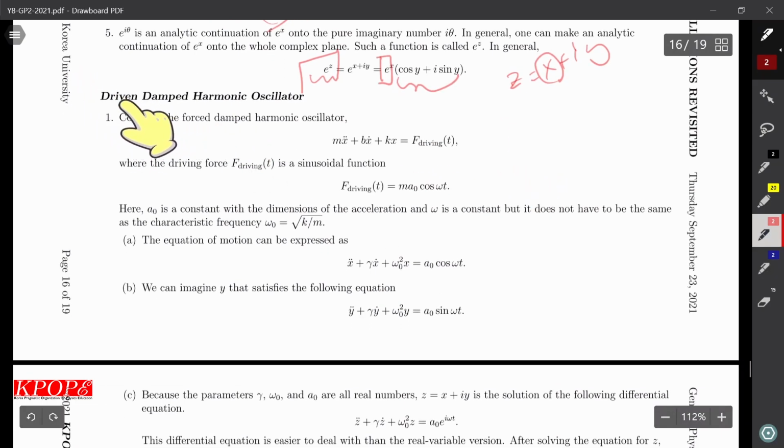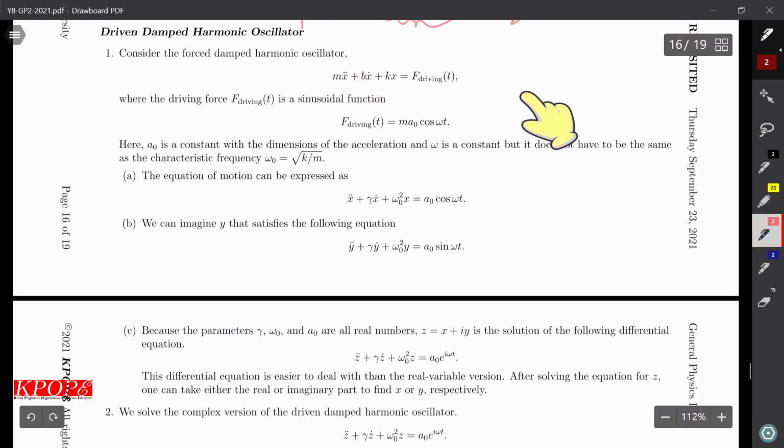We can consider the driven damped harmonic oscillator by including a driving force. The damped harmonic oscillator we have already explained, and we rescale this equation by dividing it by the mass. Then we end up with the rescaled non-homogeneous equation.